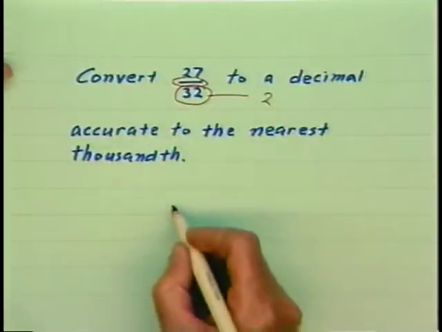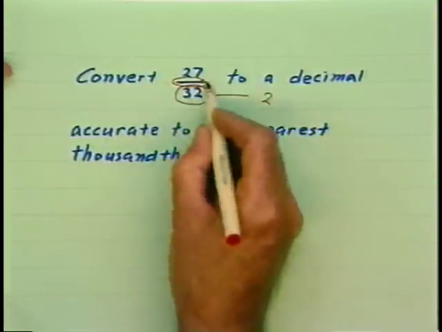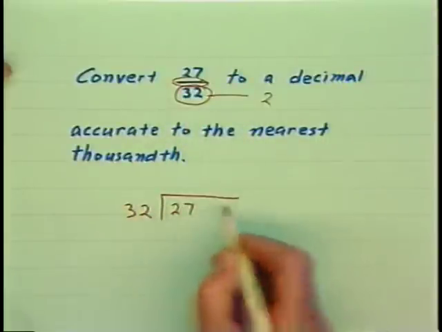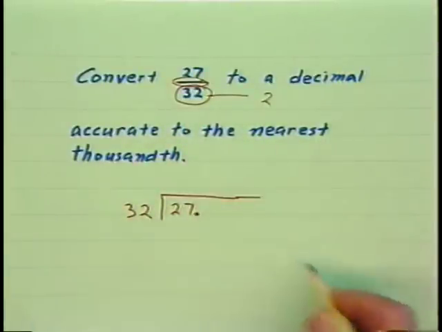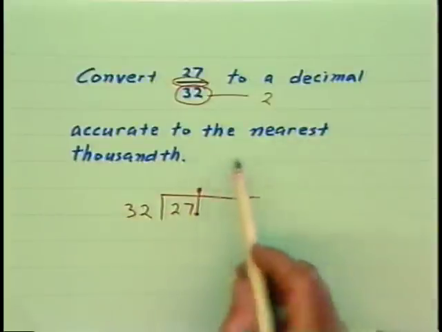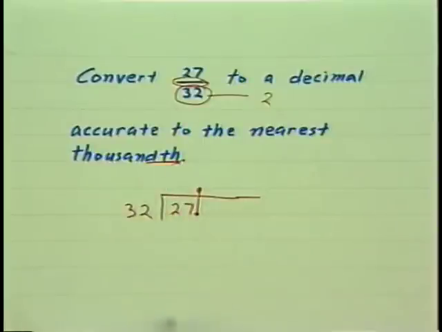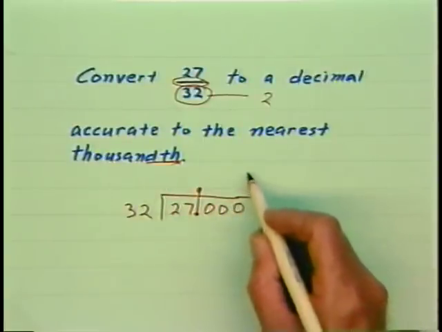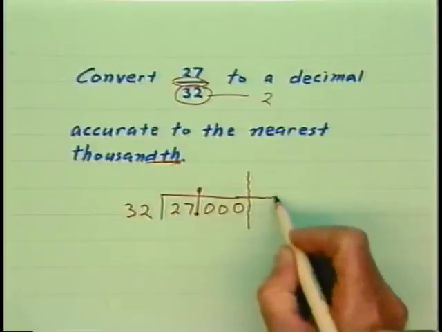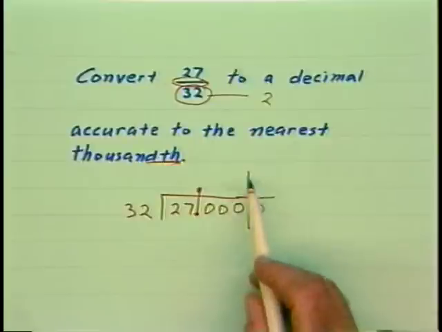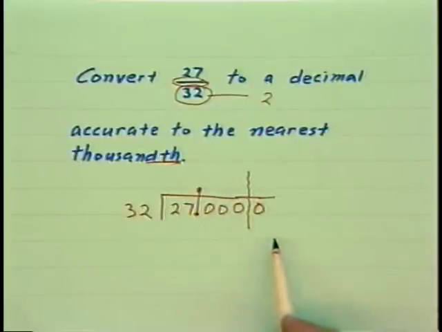Well, this reads 27 divided by 32, decimal points on the end, go straight up. I want it to the nearest thousandth, so here's tenth, hundredth, thousandth. However, in a round-off situation, you always go one digit further to see if I round up or back.